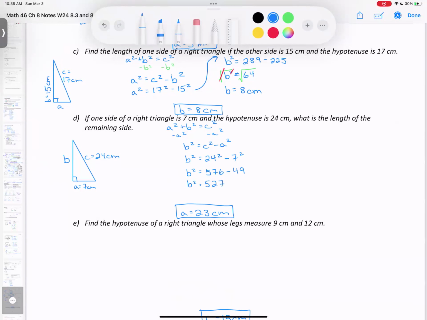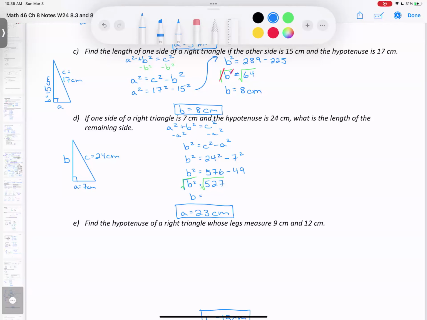So I want to know what B is. So I'm going to square root both sides. And now I'll have B equals the square root of 527, which gives me, so this one, actually, this is a decimal.